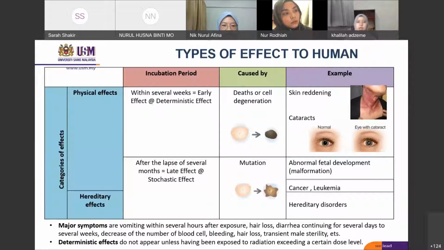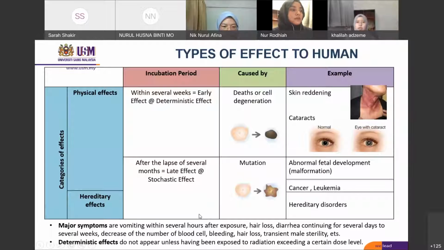The early effects appear relatively early after the exposure, the most common being vomiting within several hours after exposure, hair loss, diarrhea continuing for several days or several weeks, decrease in the number of blood cells, bleeding, and so on.